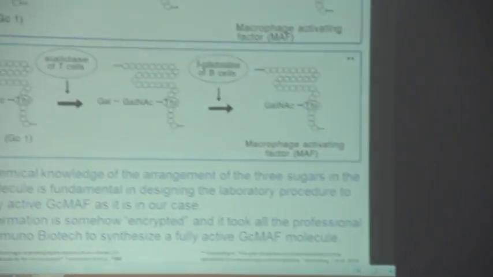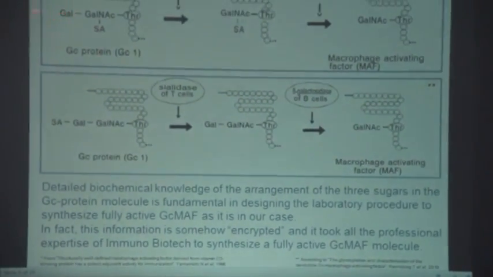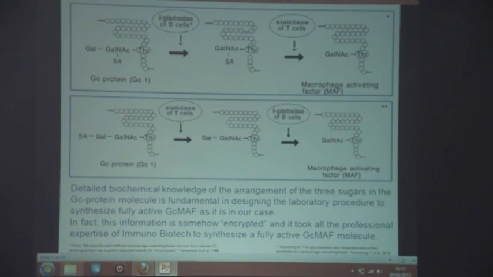And here we have the structure of the GC protein with the three important sugars that are linked to the protein in a branched structure.